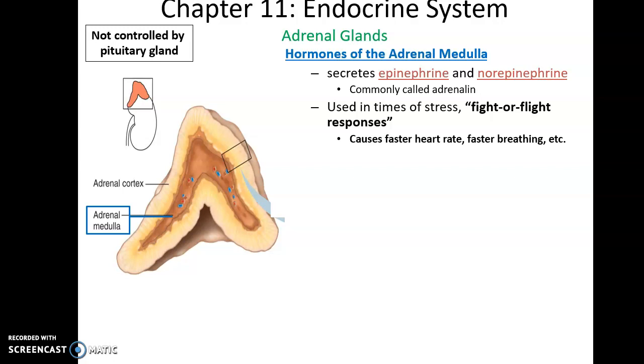So when you are scared or angry and may need to fight or run, the release of adrenaline causes various effects: faster heart rate, faster breathing, increased blood flow to muscle tissue, suppression of the gastrointestinal tract, suppression of salivation, and various responses like that.